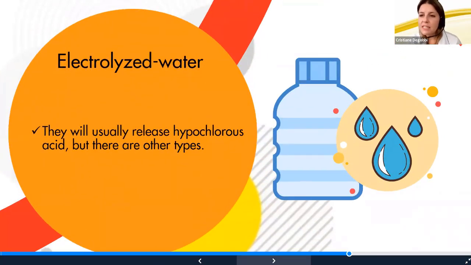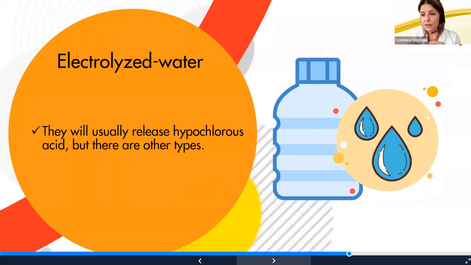Electrolyzed water, this is another option that you can look for in your country. I have seen franchisees doing very well in terms of disinfection or sanitization in their countries because they provide this different technology, and the customers tend to like it because it's something new. What happens is that you have to purchase from one manufacturer that uses equipment. Usually they will use water and marine salts, the ones that come from the sea.